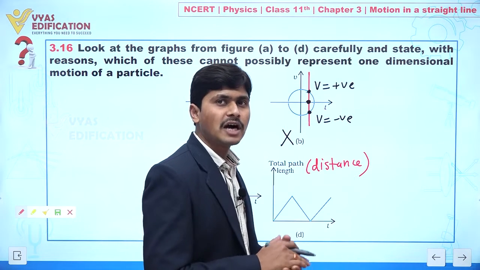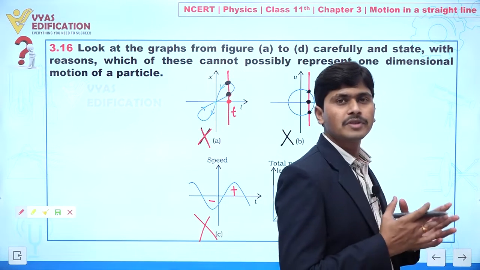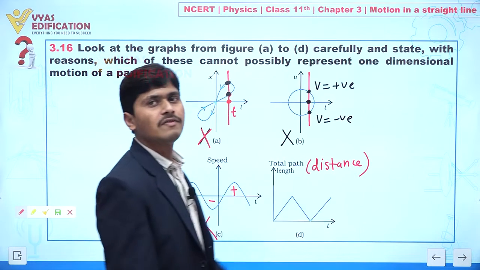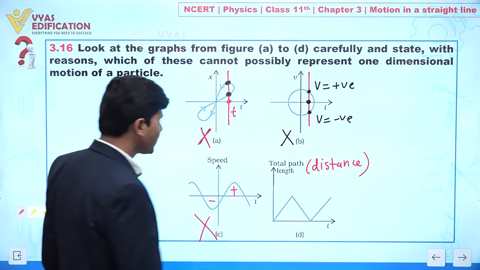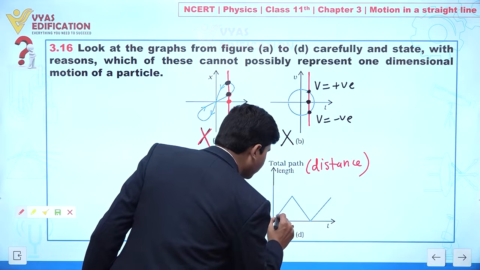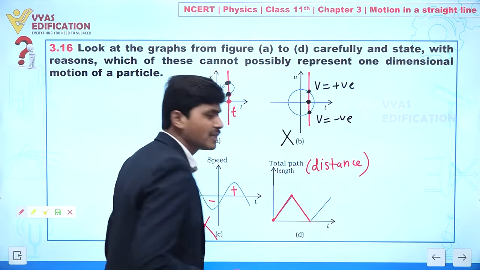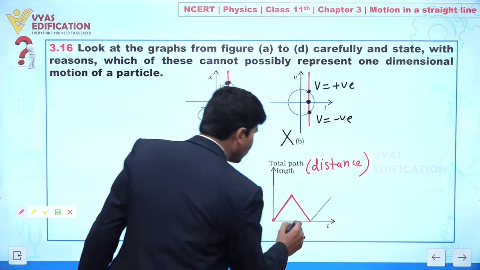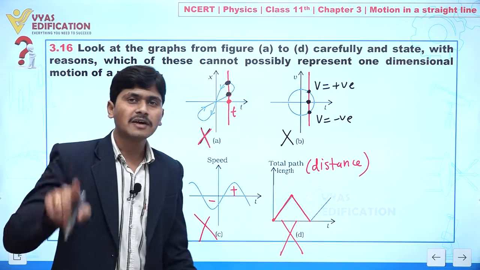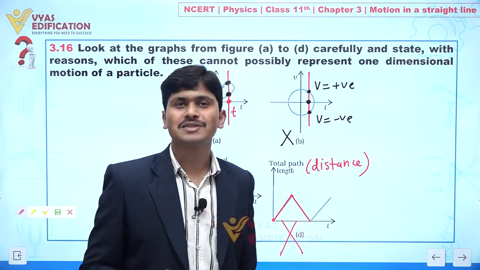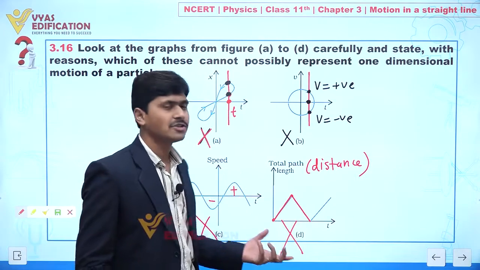Let's suppose after some time I again cover some distance. It means distance is always added. Yes or no? From this graph you can see that with time the distance is increasing. Yes, that is correct. But here we can say with time distance is decreasing. So this is also not possible. Yes, if this graph represented displacement, it may be possible. Clear? But for distance this is not possible.